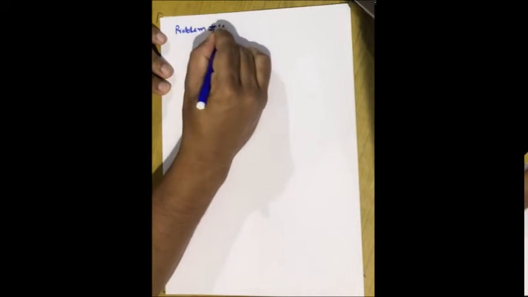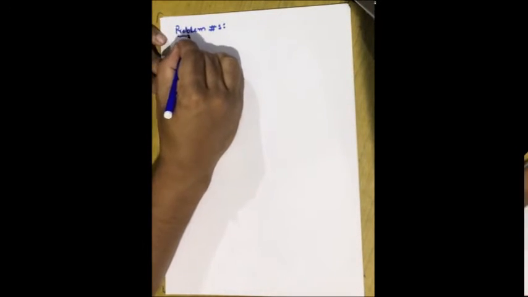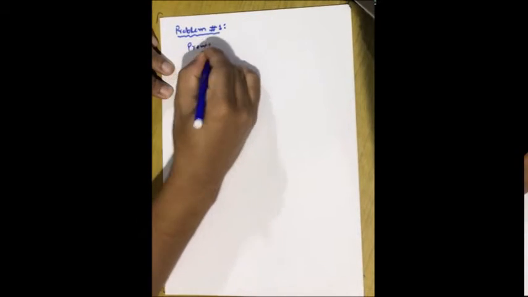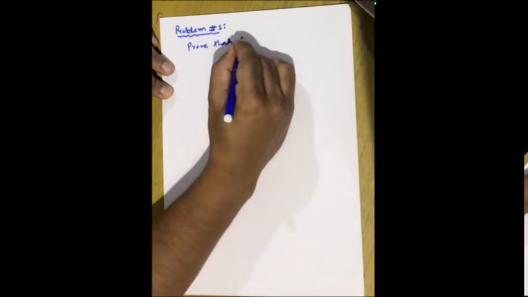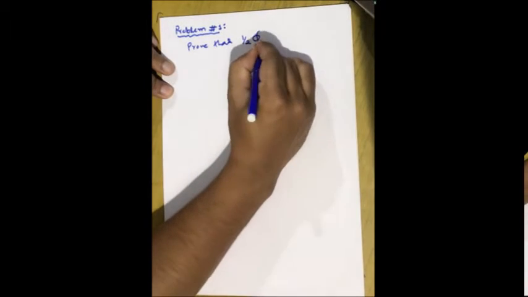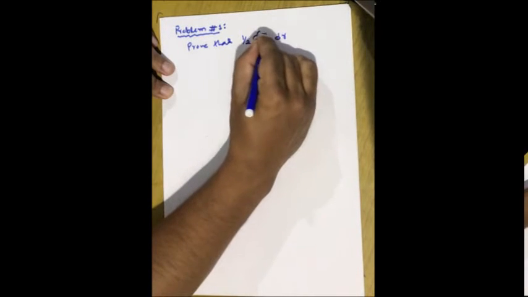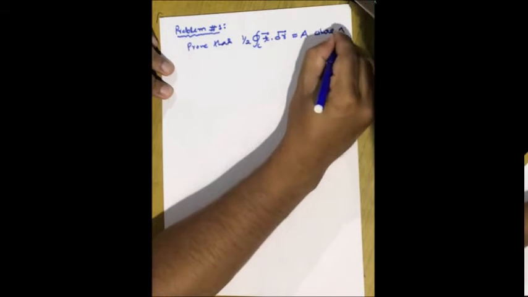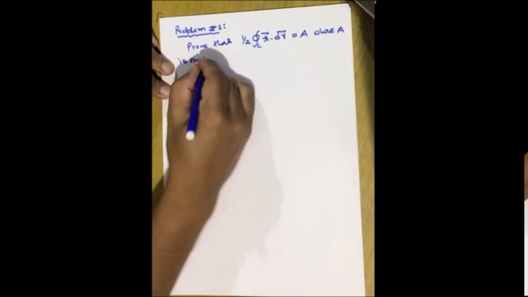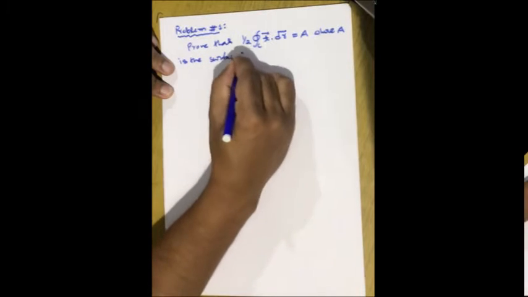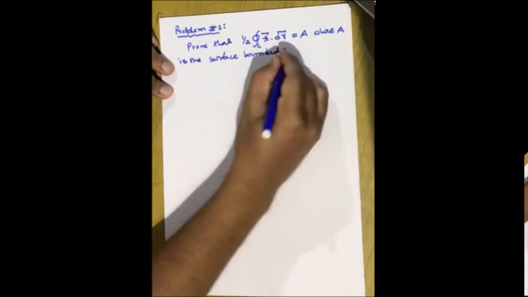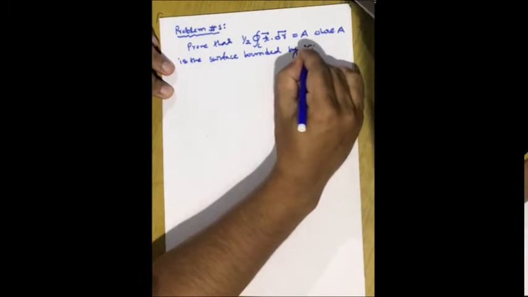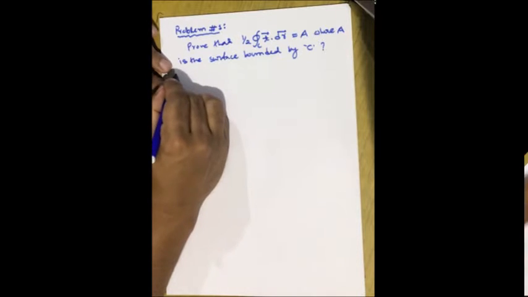Problem number 1 is: prove that half into the line integration of T dot dr is equal to A, where A is the surface bounded by C. Okay, C is a closed line integral.